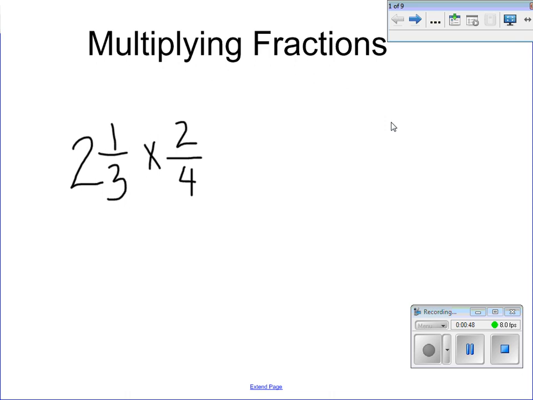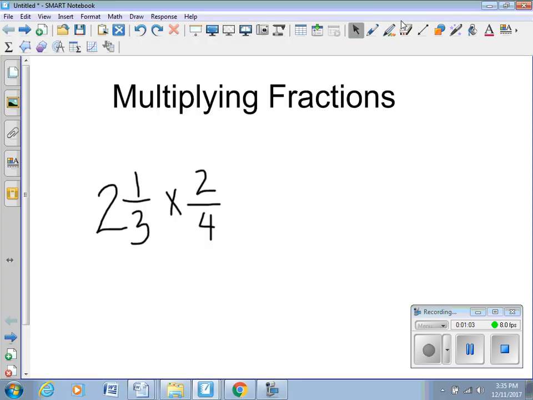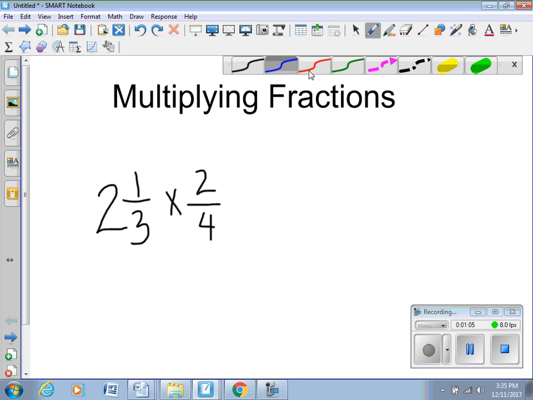So the first thing that we're going to go over is how to multiply fractions. And I put a mixed number in here. We have 2 1/3 times 2 fourths. And remember, our first step is going to be changing this mixed number into an improper fraction.